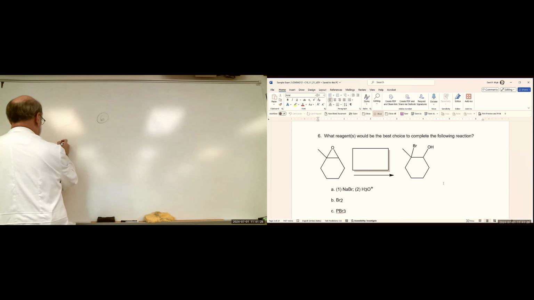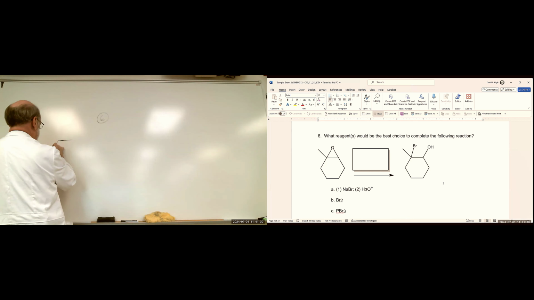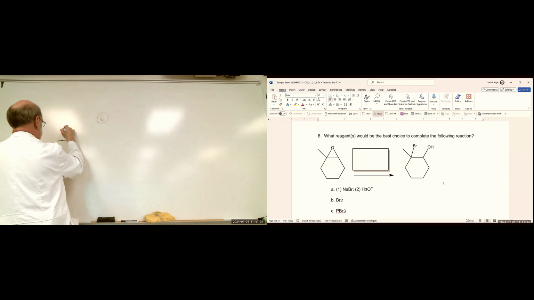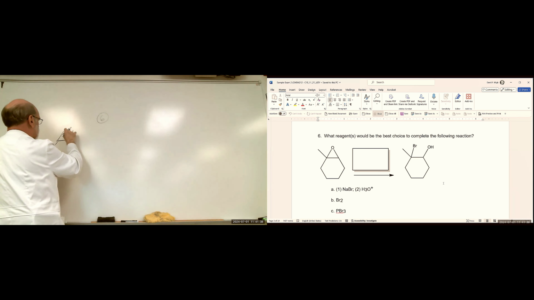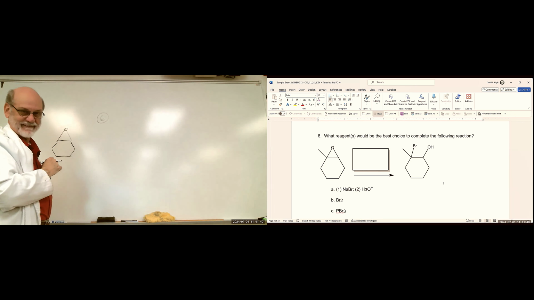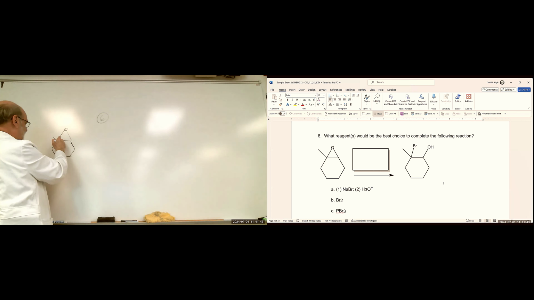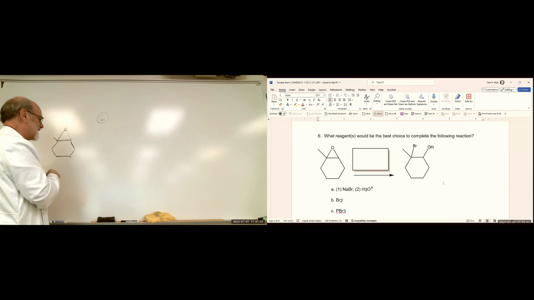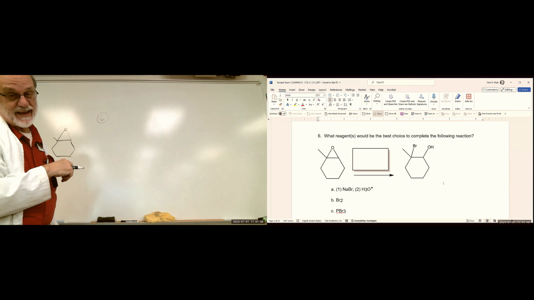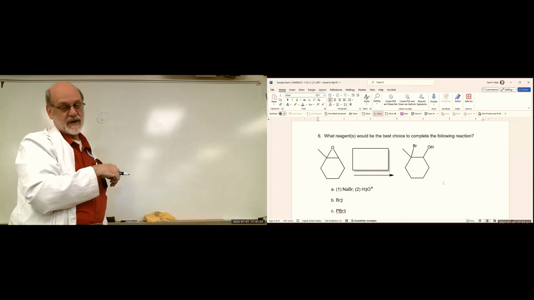We've got a cyclohexanol here first, and then we have a fused ring on top with an oxygen. That would be oxygen, correct? Or are we just putting that there? It just happens to be there. I wouldn't call it an oxirane.